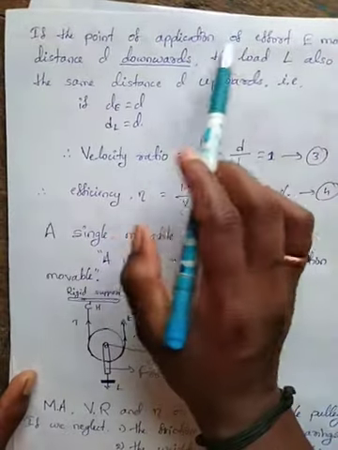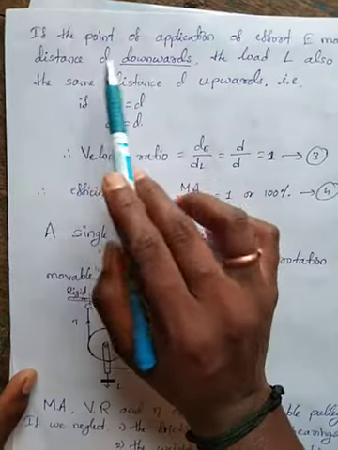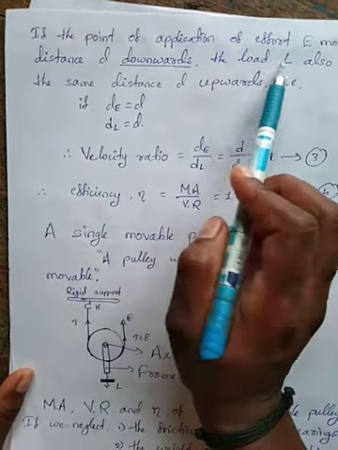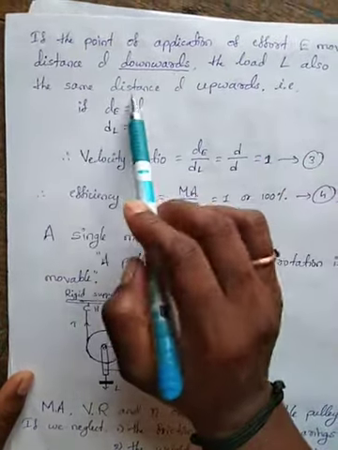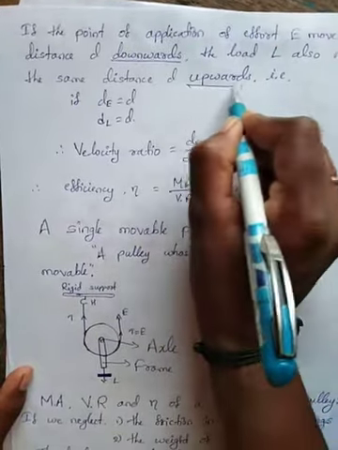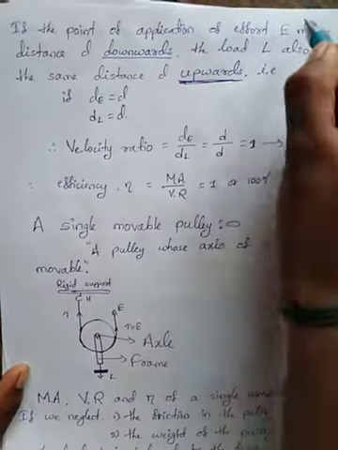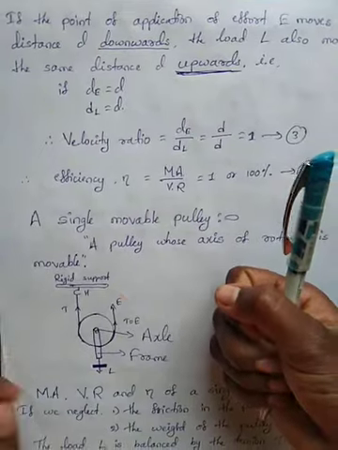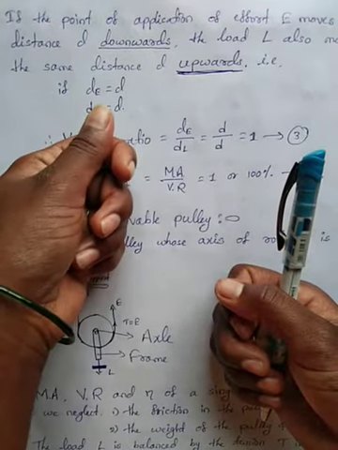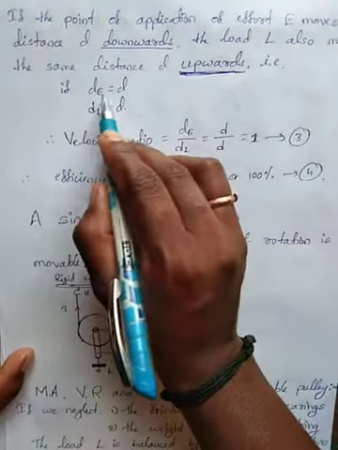If the point of application of effort E moves a distance d downwards, the load L also moves the same distance d upwards. See, if E is in the downward direction, L will go in the upward direction. So in this diagram, the effort is in the downward direction, then the load is moving up. Velocity ratio is equal to distance moved by the effort arm divided by distance moved by the load arm. So d_E is equal to d and d_L is equal to d.